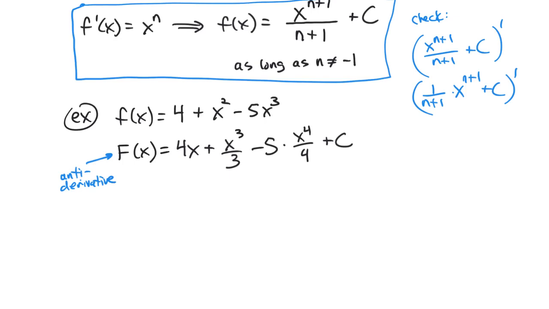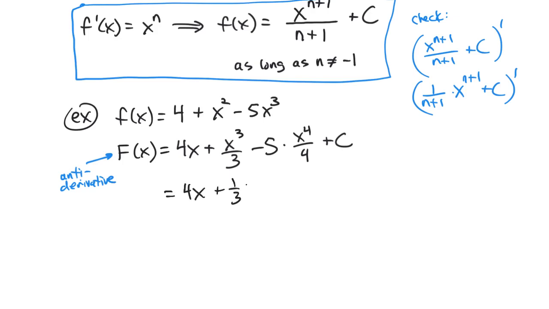Remember, because there's an infinite number of antiderivatives here, and they're all very similar. They're just basically the same function shifted vertically on the xy plane, right? By adding or subtracting a constant number. So to clean this up, we would say, okay, this is equal to 4x.